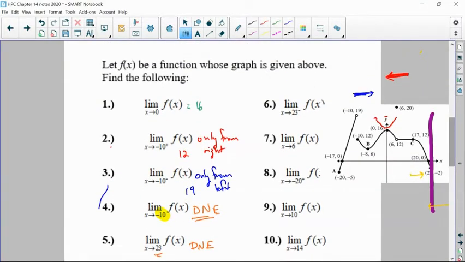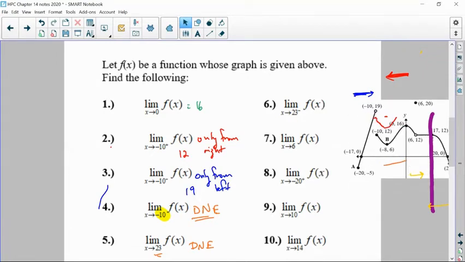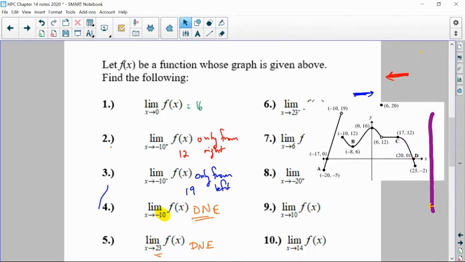Okay. I'm going to have to move my graph over for number 6. Now it says, let's approach 23 from just the left. So now I'm indicating just the left side. I don't need this. Move this over here and move this over there.